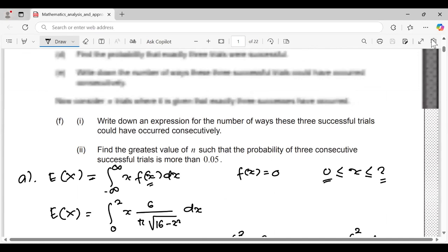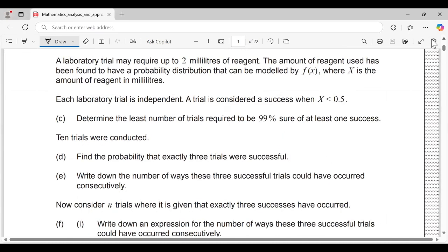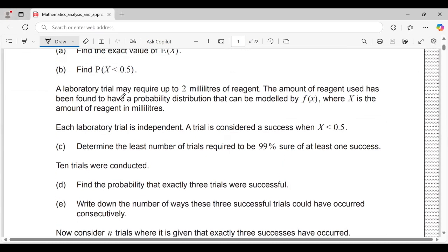Next question. A laboratory trial may require up to 2 milliliters of reagent. The amount of reagent used has been found to have a probability distribution that can be modeled by X, where X is the amount of reagent in milliliters.